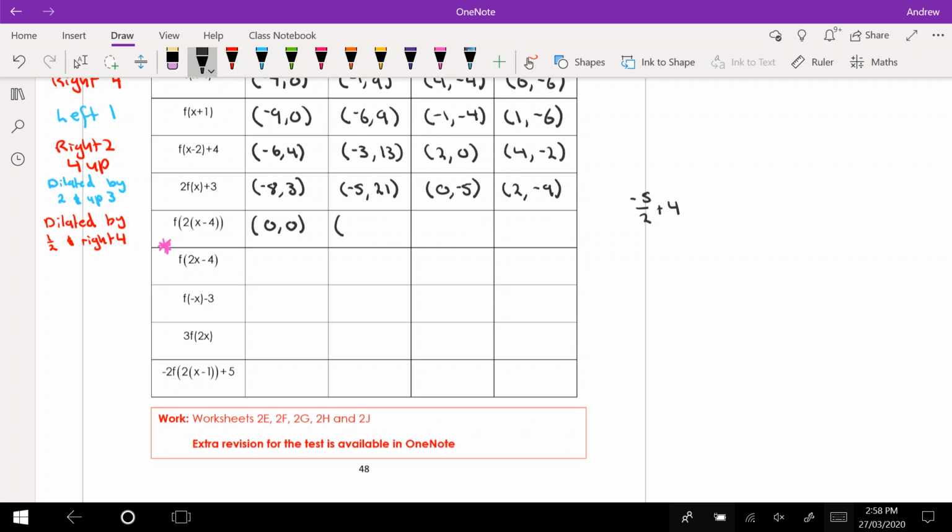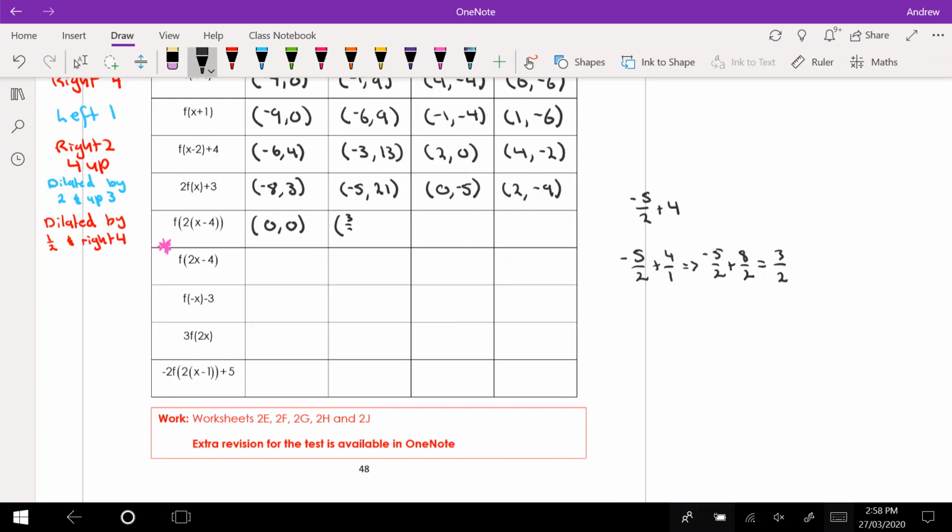So -5 over 2 plus 4 over 1. And what's that 4 over 1 going to turn into? Oh, does it become 3 over 2? It turns into 3 over 2. Yeah. -5 over 2 plus 8 over 2 gets me to 3 over 2. So this here is 3 over 2. And then the y coordinate is going to stay the same.